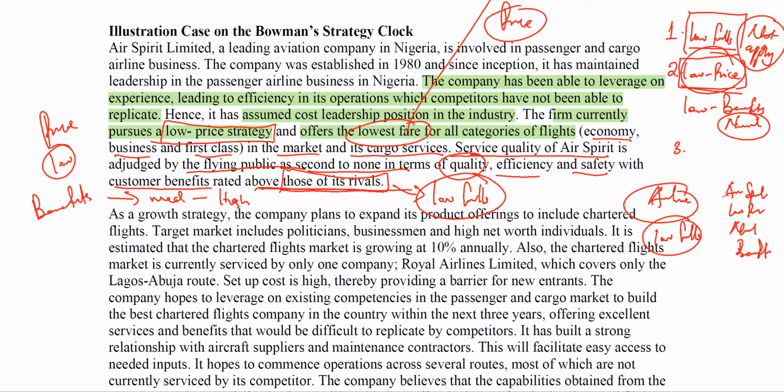Is its quality not above that of this rival? So yes, that is what I'm saying, that you can suggest it in that fashion. Despite the above, the company can still pursue a low price strategy for, let's say, economy class.